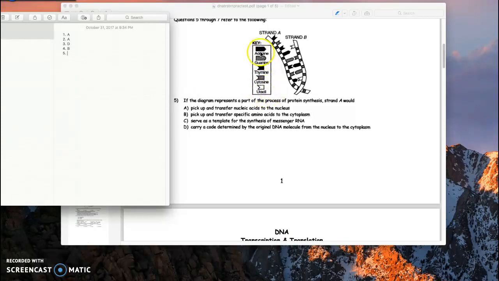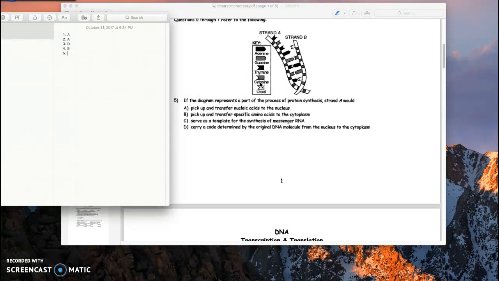If it's fully black and has a triangle on the top, it's adenine. If it's gray and has a rounded circle end, then it's guanine. Thymine is fully black with a triangle cutout. If it's cytosine, it's gray and has a circle cutout. And if it's uracil, then it's completely white and it has a triangle cutout.